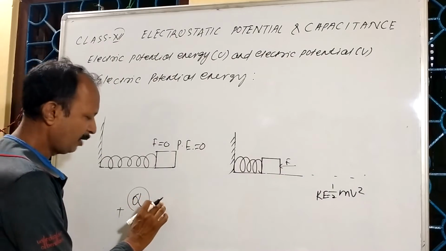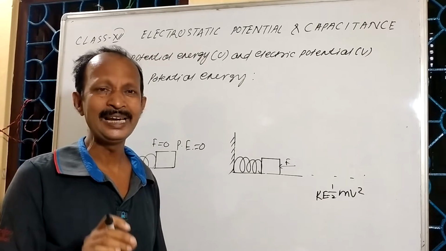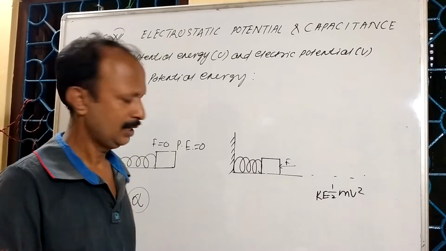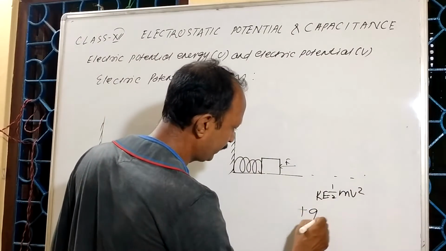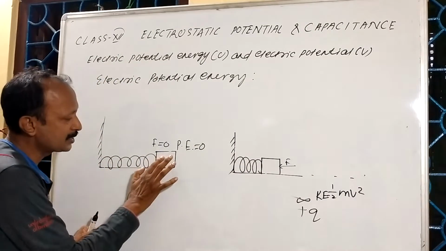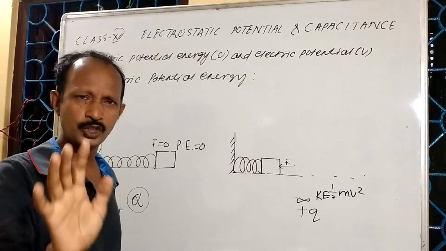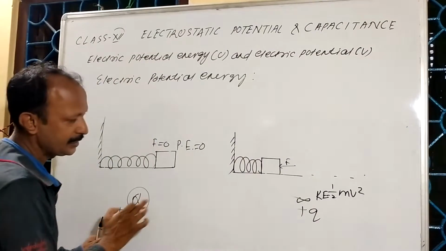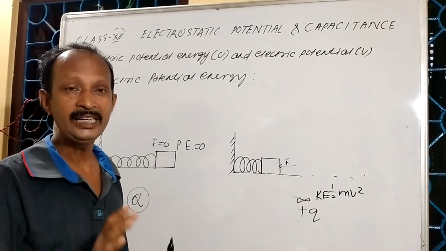Now if I move farther and farther away, definitely the strength of the field will decrease. So we assume that the force of this charge at the point infinity is equal to 0. Just as I said that in the spring case the applied force is 0, we can assume that the force due to this charge is also 0 at infinity.